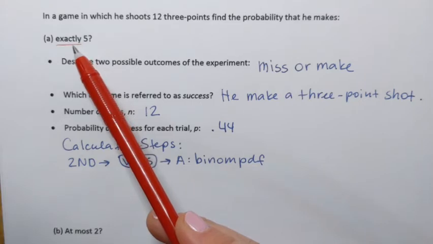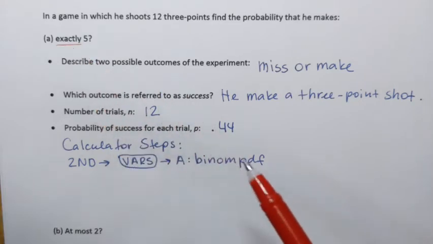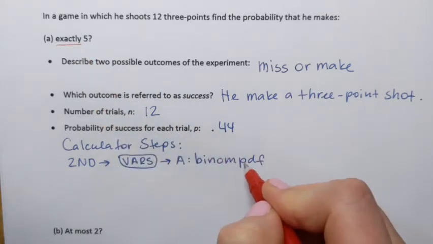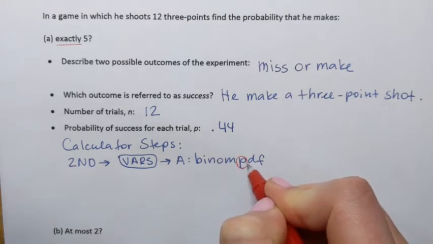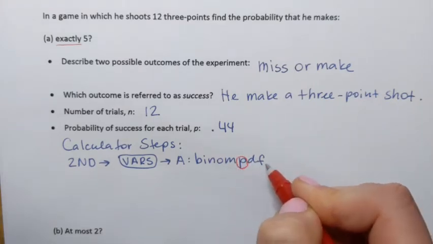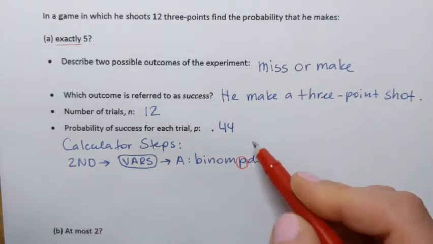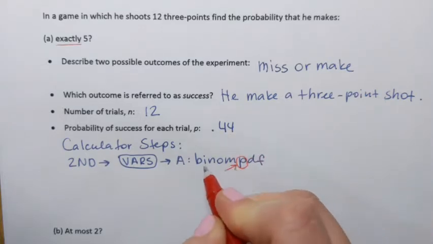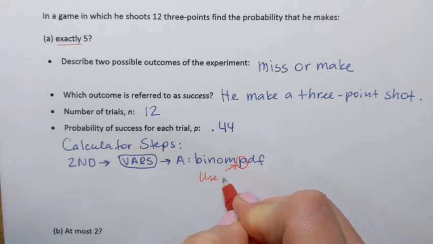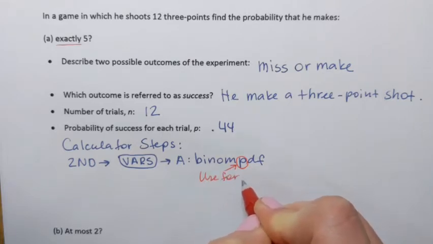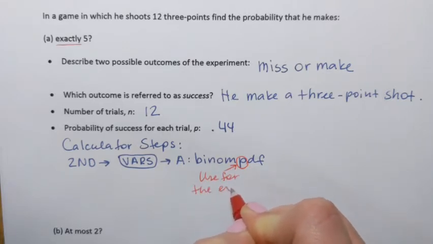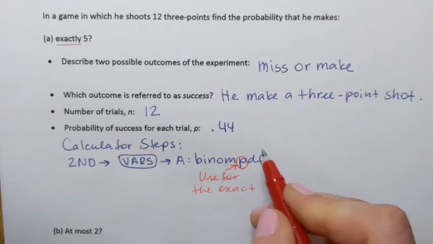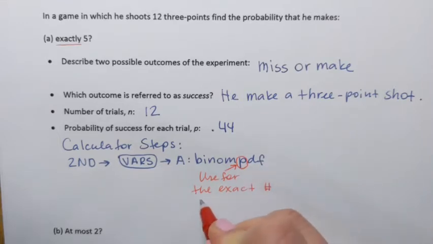Well, when we need to find the exact number of successes, we're going to use the Binompdf function. So the difference between the names of those two, it's PDF versus CDF. So we always have to pay attention to this letter. Now, PDF, use for the exact number of successes.